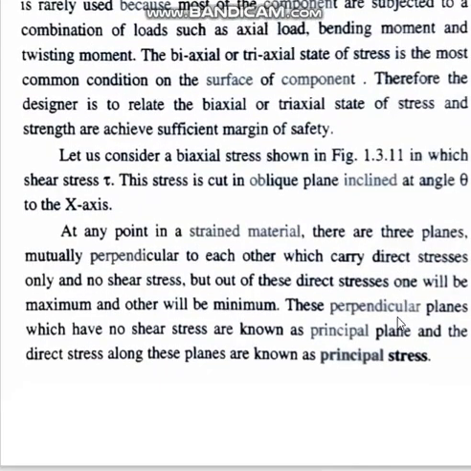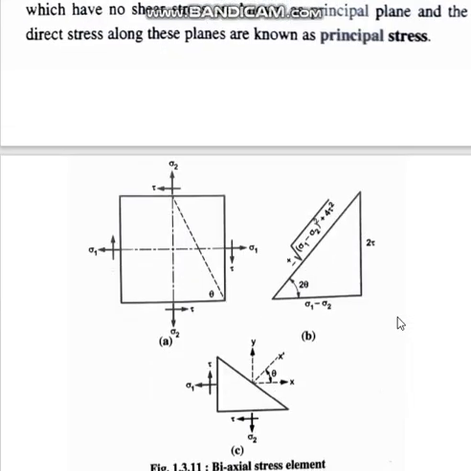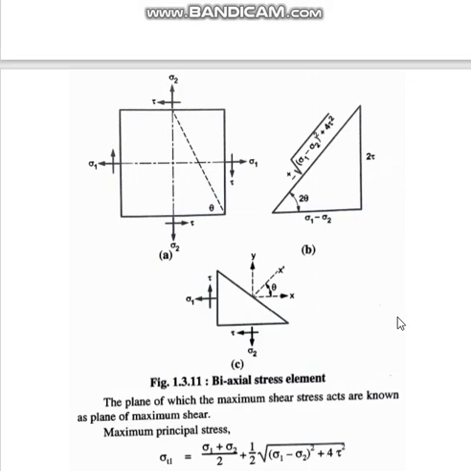Now let us consider this biaxial stress shown in figure 1.311. This is the figure. This you actually derive in applied mechanics and strength of materials. Suppose there is a direct stress sigma 1 here, another direct stress sigma 2 here, and a shear stress tau working here, here and here.